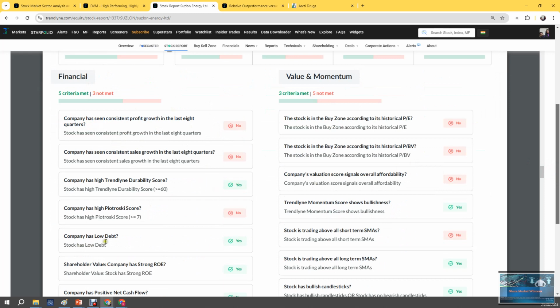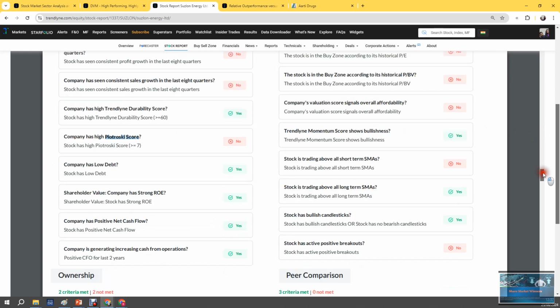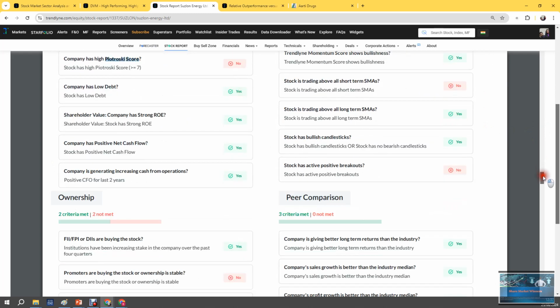Okay, does the stock have low debt? Yes. And if you see, there is something called a scoring for some of the fundamentals which they use, that is not coming as true. Similarly, they have all the details for the fundamentals and the peer comparison.